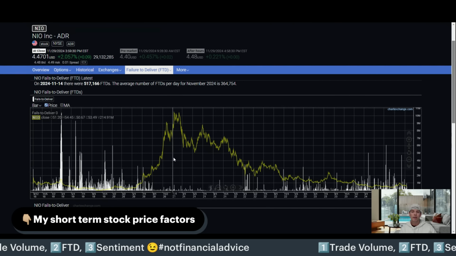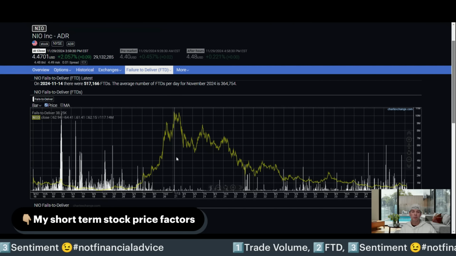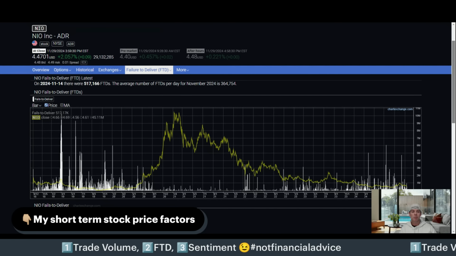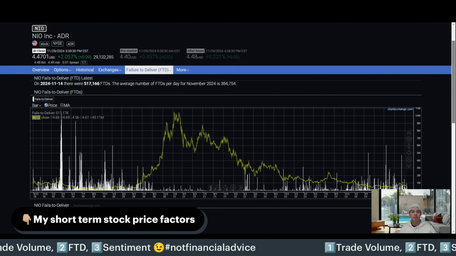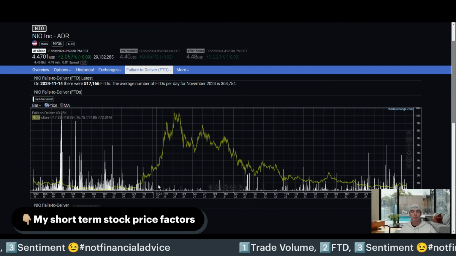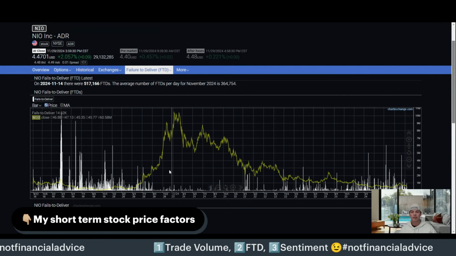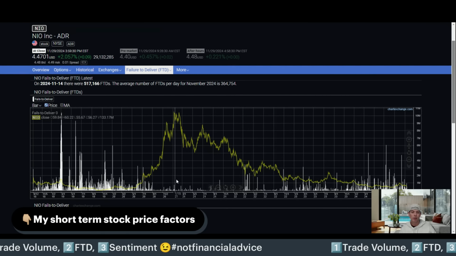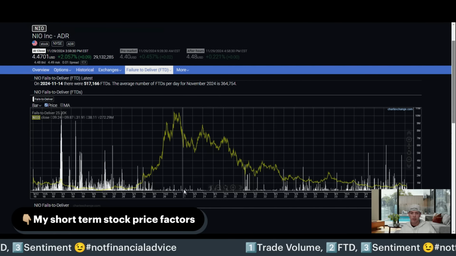But the other thing, again, going back to big picture overview, these three elevated spikes on the failed silver, and look at how much more of the FTD stuff is showing up now compared to this time frame. That's the other thing that left during the time frame when NIO stock really ran. If we go to March, this is March of 2021.